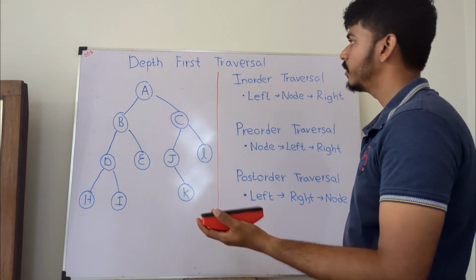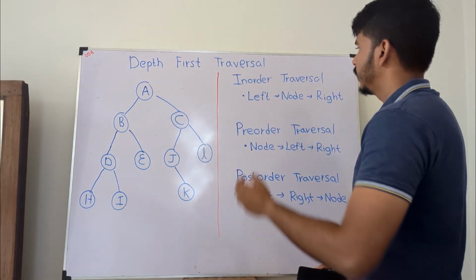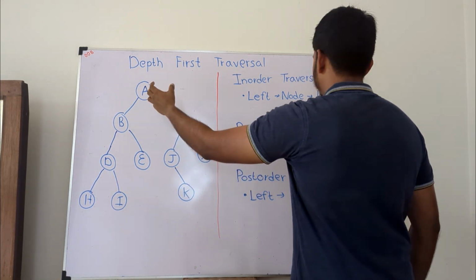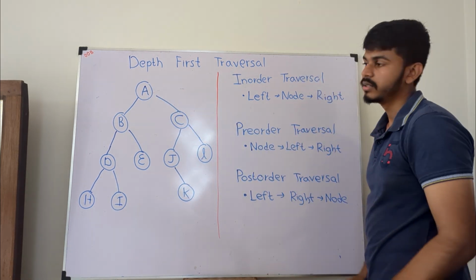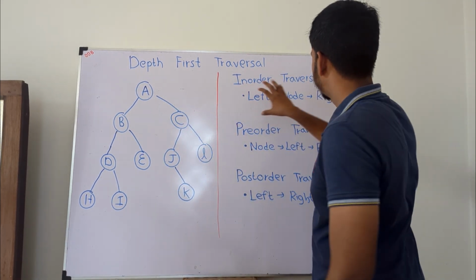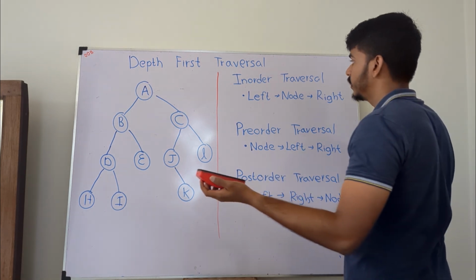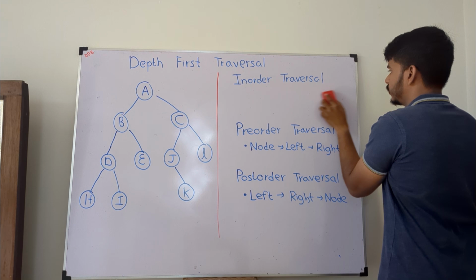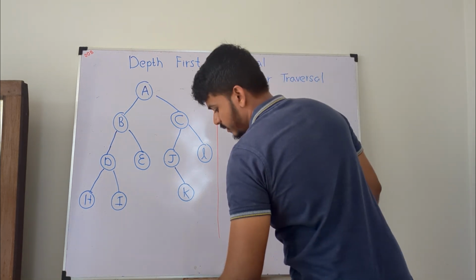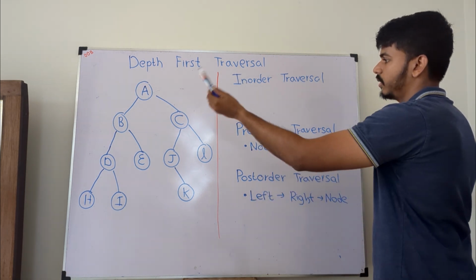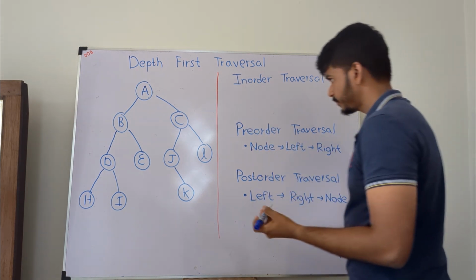So first, in-order traversal. First, it will traverse to the left side, then go to node, then move to the right subtree. So here I will write the traversing method here on the board. So first left subtree, then go to node, then the right subtree.